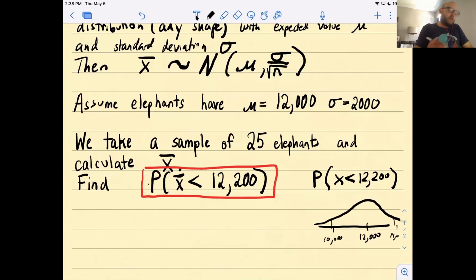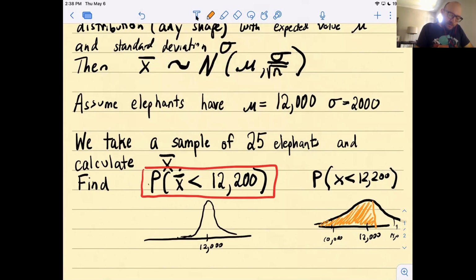But we saw that each time we take a sample of 25 elephants, the X bar, it's still a random thing, but it always fell a lot closer to 12,000. So it's a skinnier bell curve. So it looks kind of like that, right? So the chance that you're going to be to the left, and both of these bell curves have area 1, right? But the chance here is a little bit over 50%. If this is 12,200, let's say.